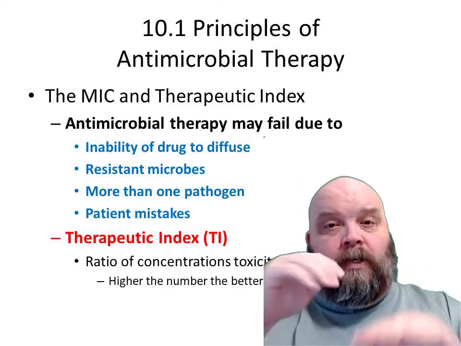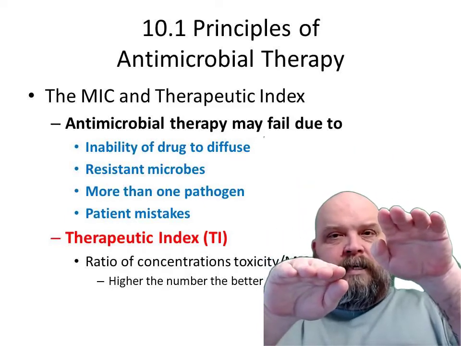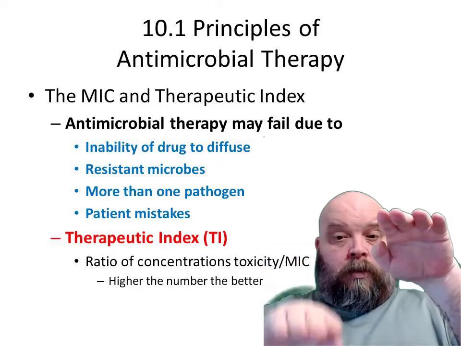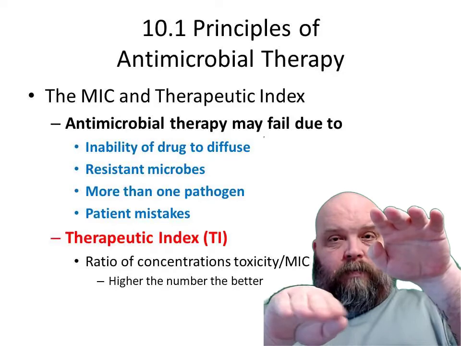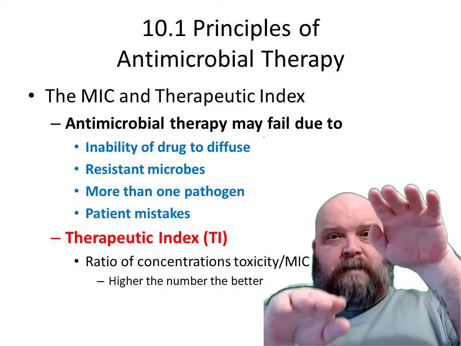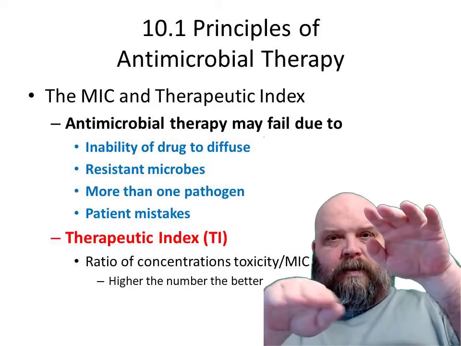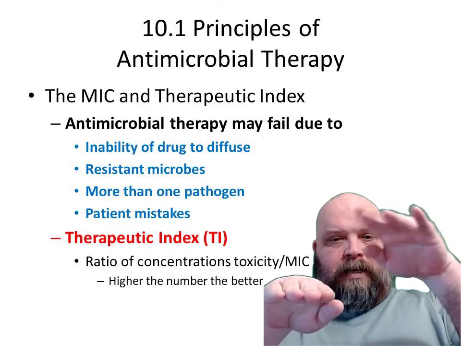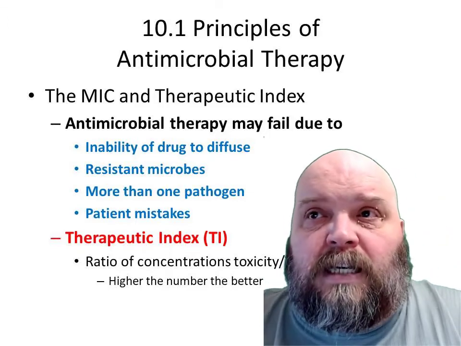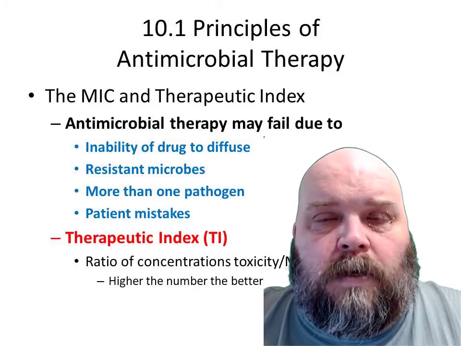If you pick a concentration that has a high level of toxicity, but also has a low level of therapeutic help, well, that's an imbalance. That means when you divide the effect concentration by the concentration that causes toxicity, this is going to be your ratio.